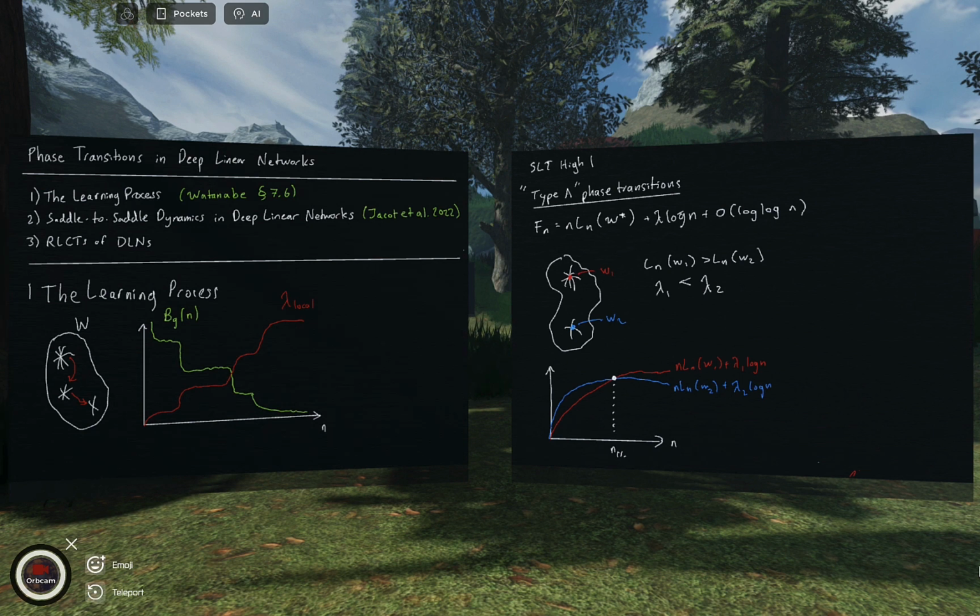So what's going on here is what Watanabe calls the universal phenomenon. So more data. Okay, I'll write it this way. Larger n, more data, allows for simpler singularities. Which mean more complex functions.